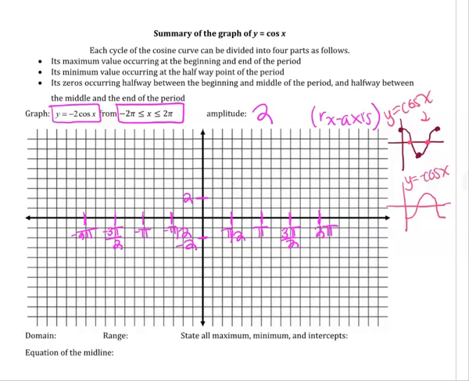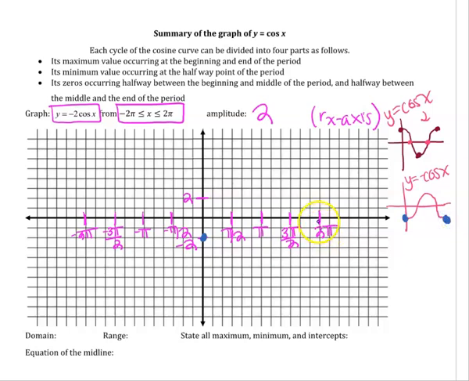So like I said, you normally start at a maximum. I'm actually going to start at a minimum this time. So that means if I'm going to graph y equals -2 cos of x, let's all start by plotting the point at -2 right here. Now, this is cyclic, so if you start at -2, that means after 1 full rotation or 2 pi radians or 360 degrees, you're going to end at that minimum.